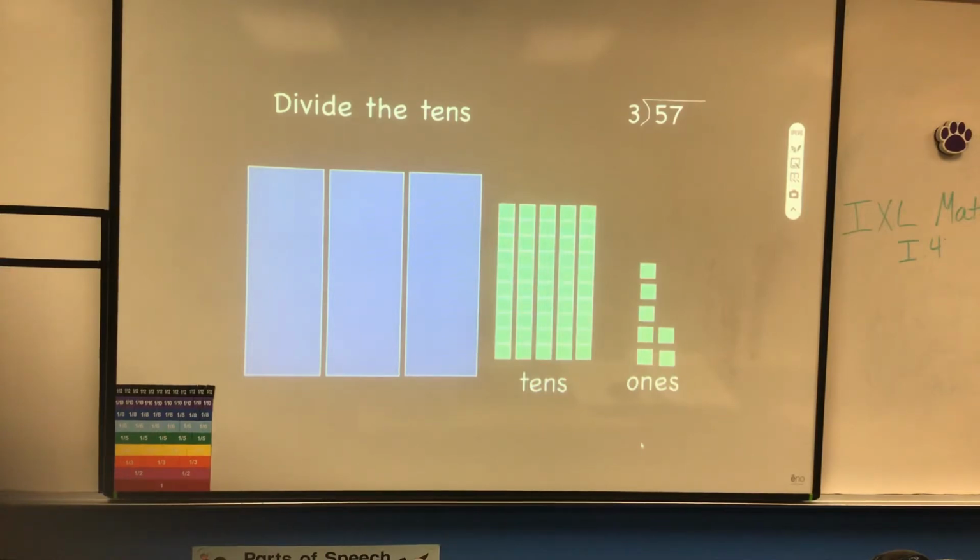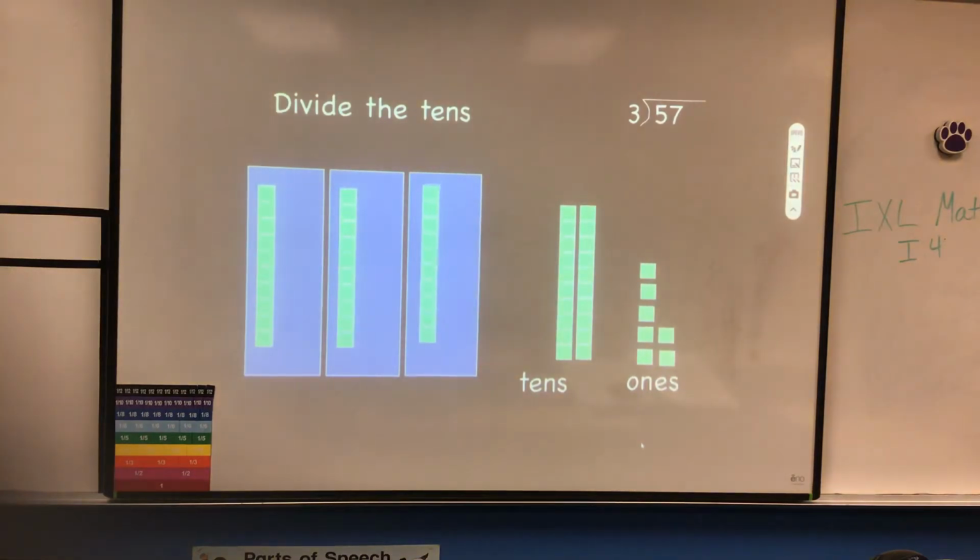So we're going to take one of those tens and put it over here into one of 3 groups. Grab another 10, put it into the second group. Grab a third 10, put it into the third group. And now, if you look, I have 2 tens left over that I cannot divide equally into the 3 groups. So I'm done dividing the tens.